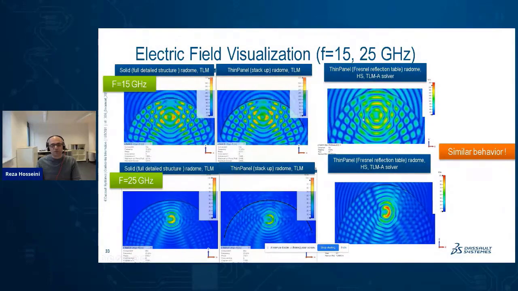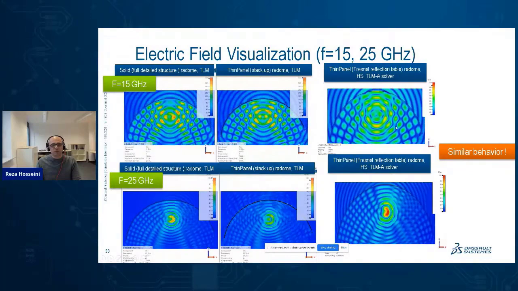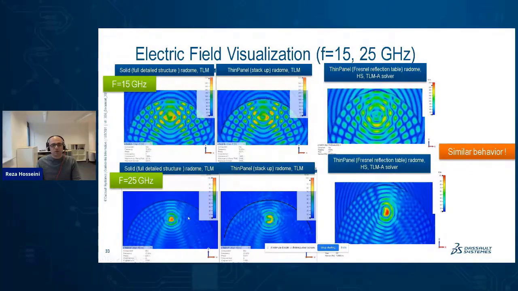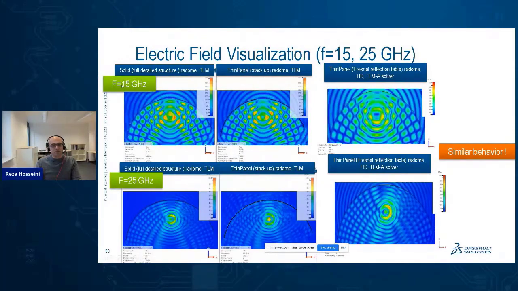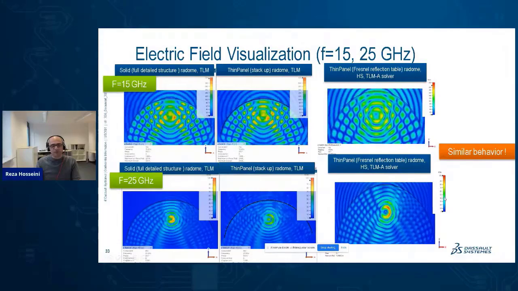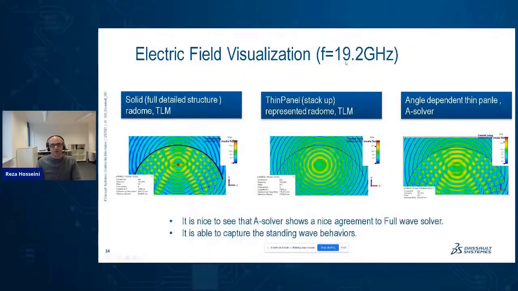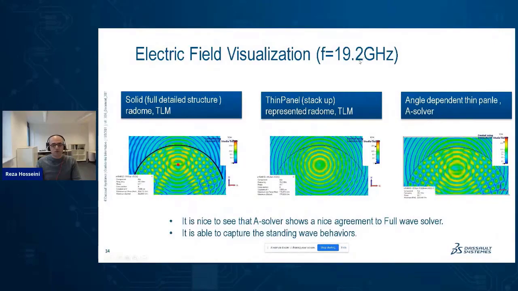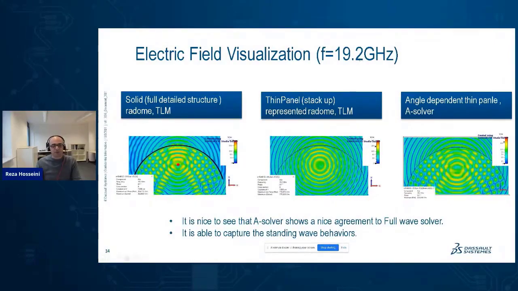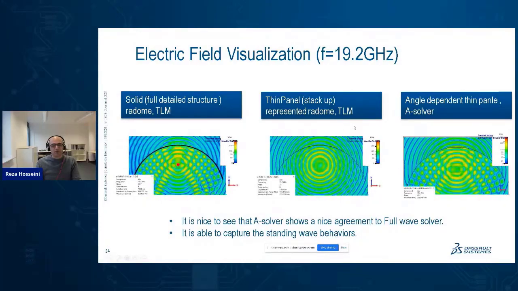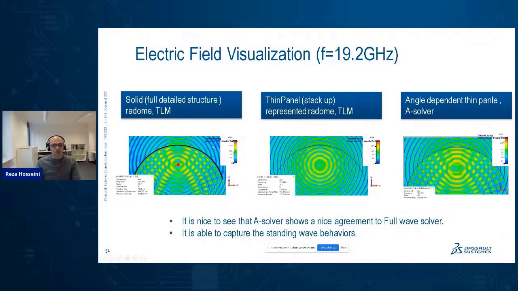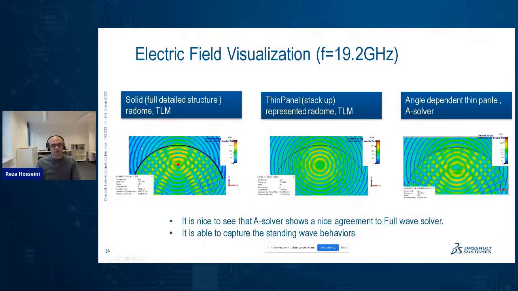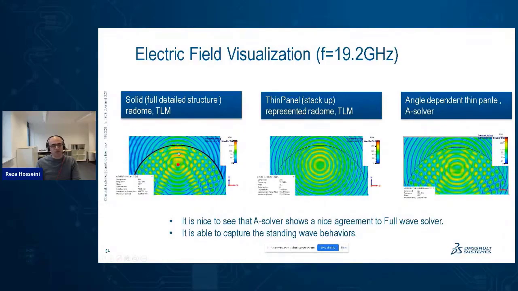What we can see is that the results are pretty much the same between these three approaches, because as I said, we are not in the range of transparency of the FSS. But when we look at 19.2 gigahertz, the frequency where the FSS was transparent, we can see a significant difference between the sim panel stack-up model compared to the other two. On the left we have the full geometry, which we keep as a reference point because it's a full geometry simulation.